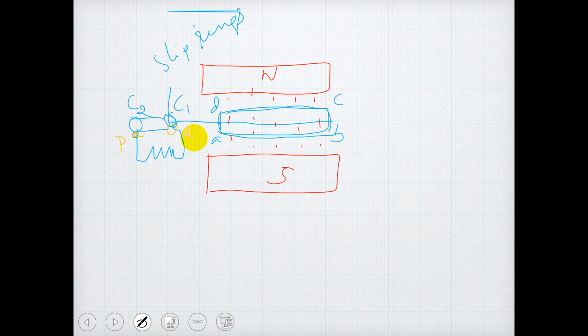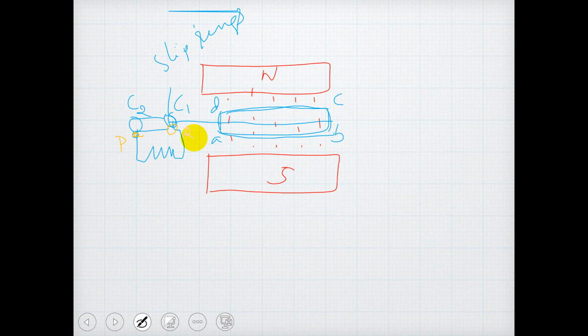According to Faraday's laws of electromagnetic induction, an EMF is induced in this conductor. This EMF, electromotive force, is nothing but a voltage, and will drive a current through the resistor R.